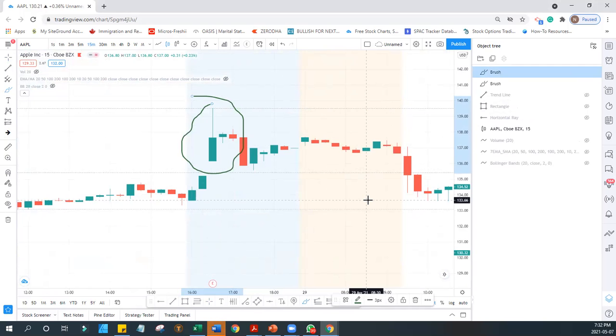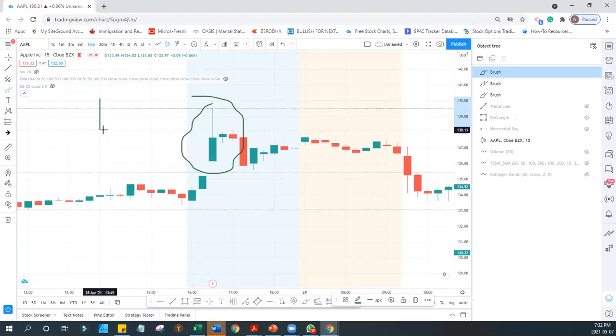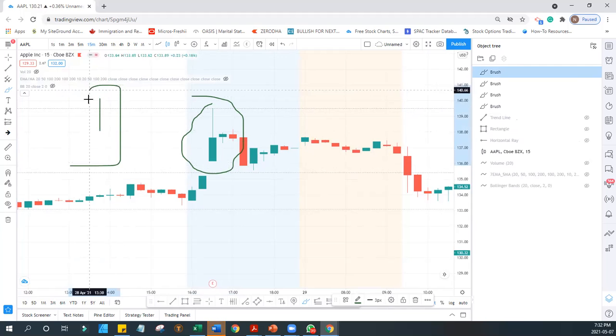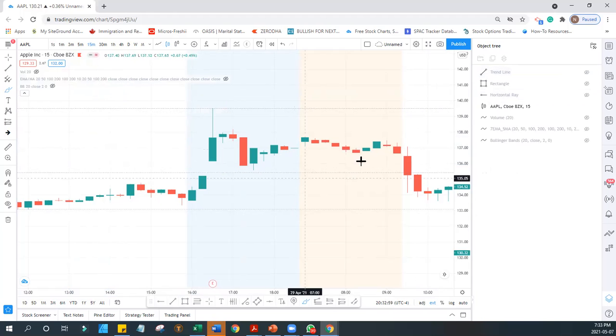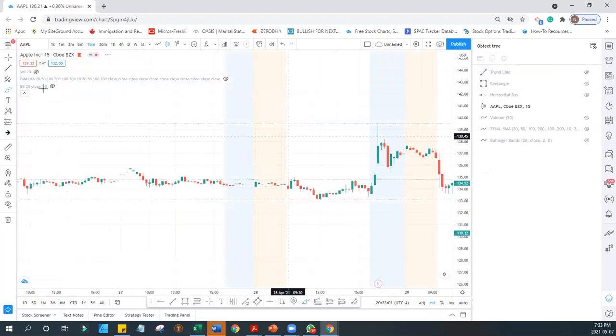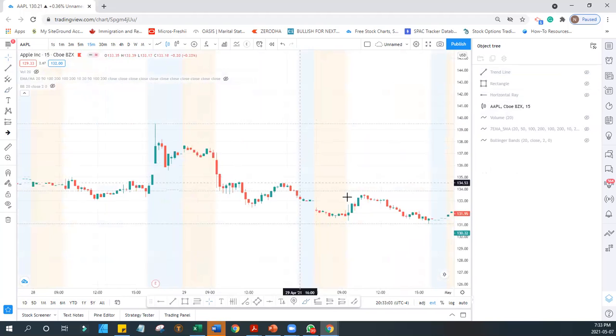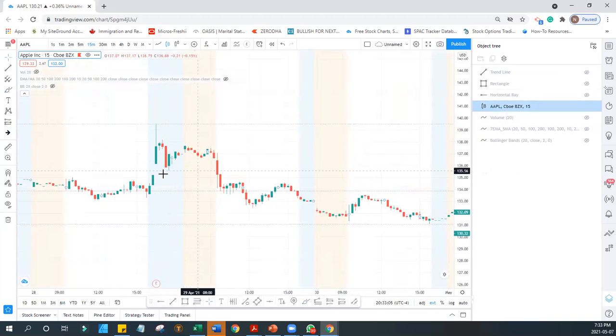Even though it's a green candle, bears are in control. Why? Because the price was so high and they are dragging the price down. The price opened here, went up, and then they were able to drag it down. So bears are coming into control. After that, the market went down on the next day.